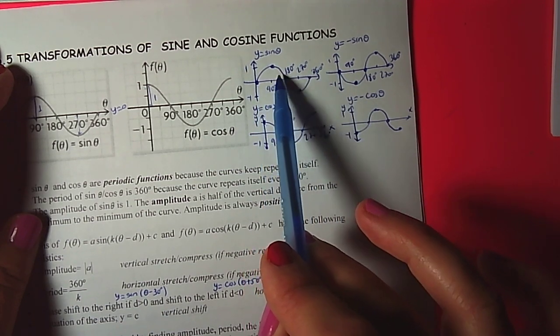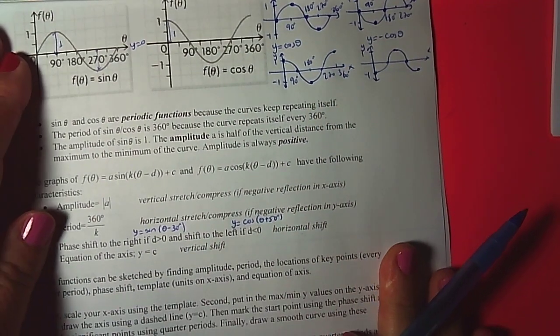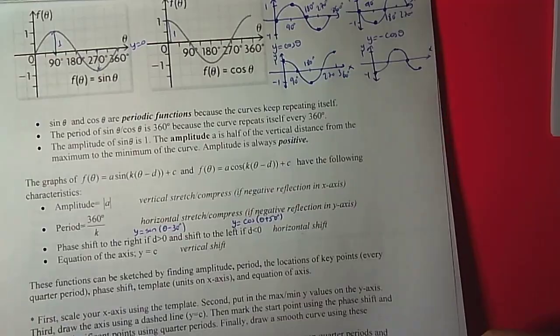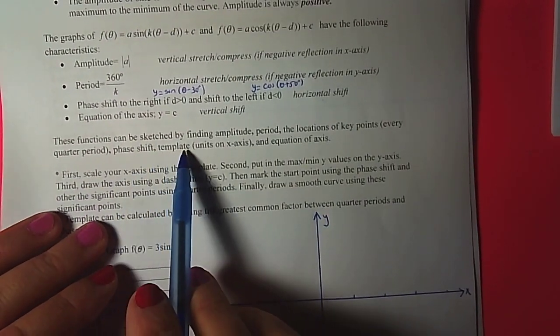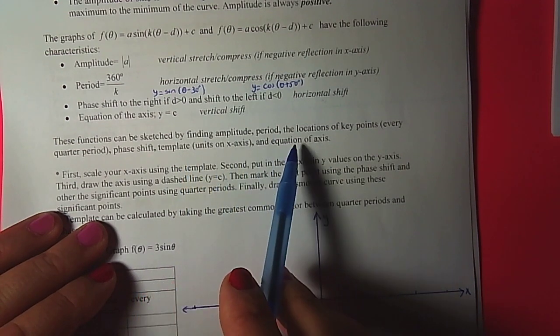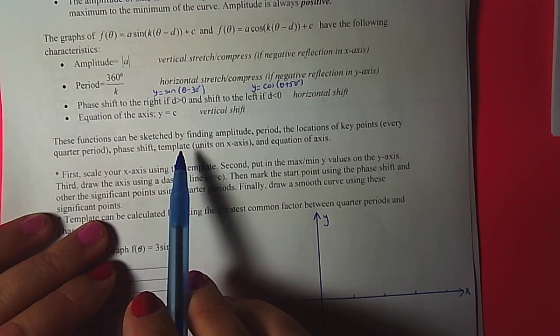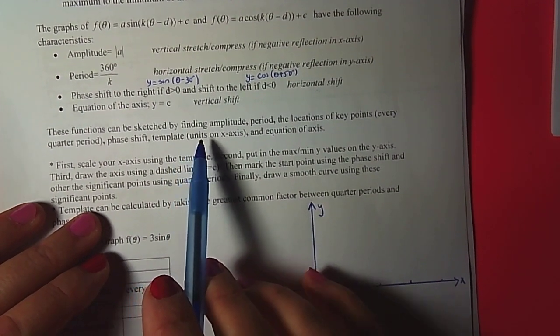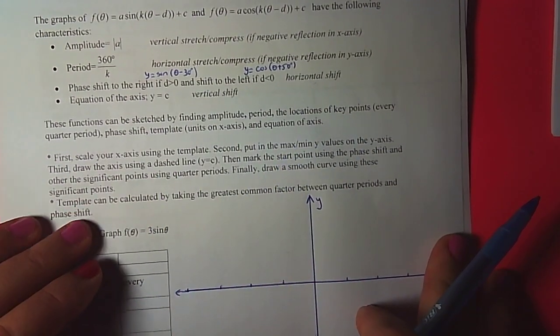So key points are happening every quarter period. We can also find phase shift, the template, and the equation of axis to sketch. Okay, so what is the template? Template is the units on the x-axis. This is how we are going to scale our x-axis.